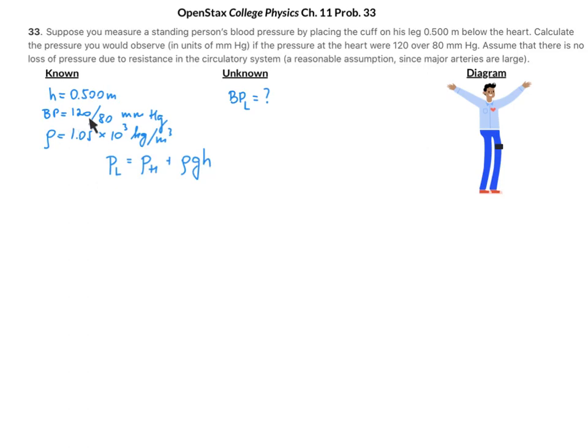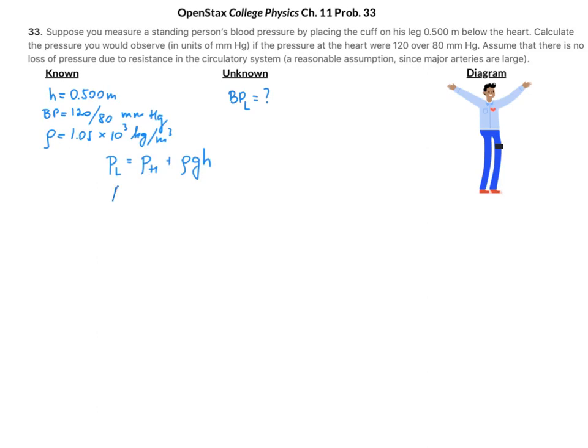We're given the blood pressure in millimeters of mercury. So to simplify this solution, so we don't have to convert so many times, I can just find the change in pressure between the level of the heart and the level of the cuff. If I find that difference, then I can just convert the difference and only have to do that once.